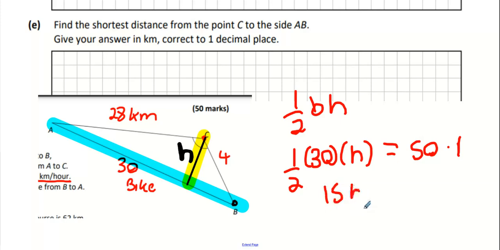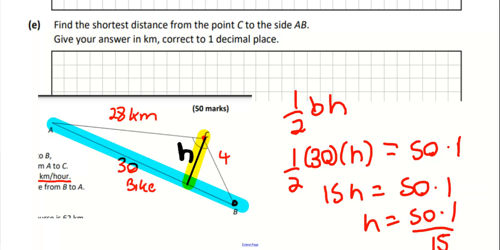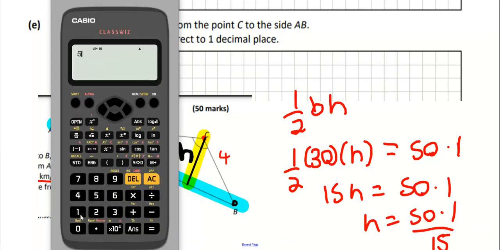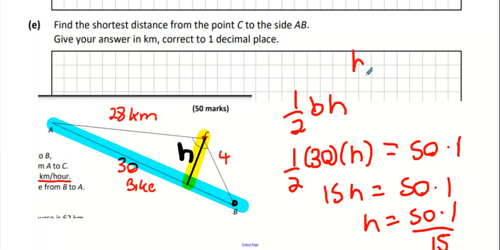So 15h equals 50.1, h equals 50.1 divided by 15, and we get 3.34. To one decimal place, we're talking 3.3.